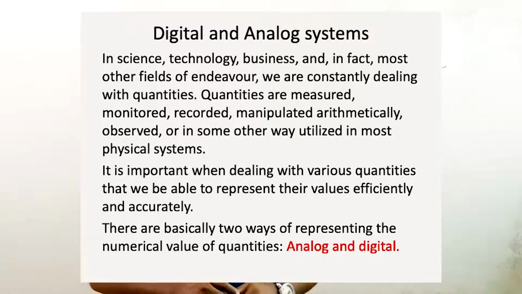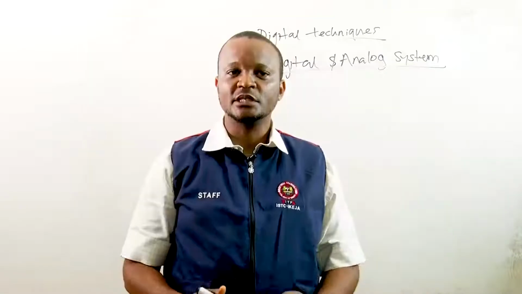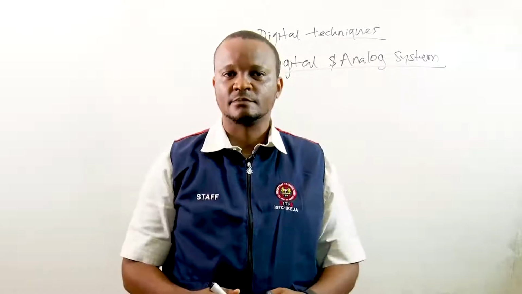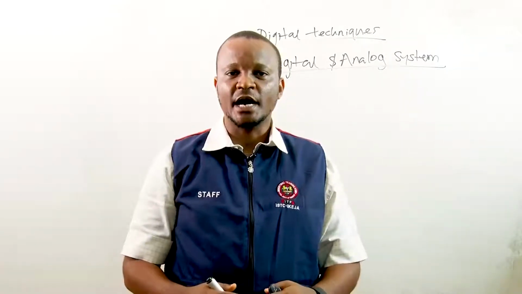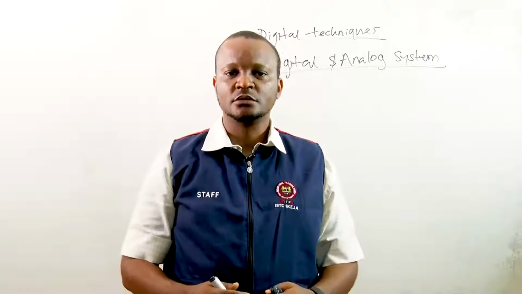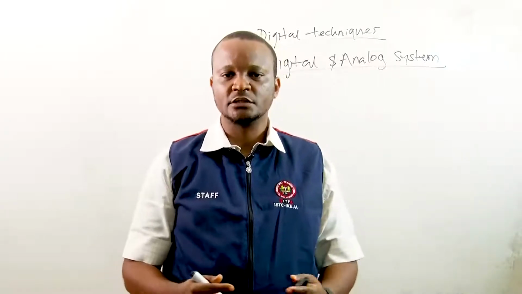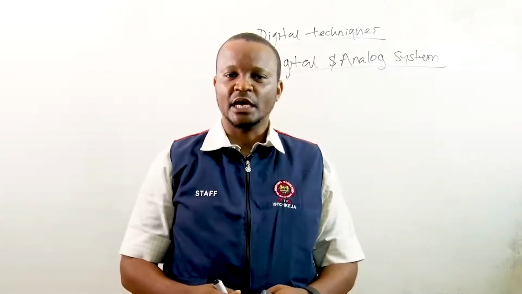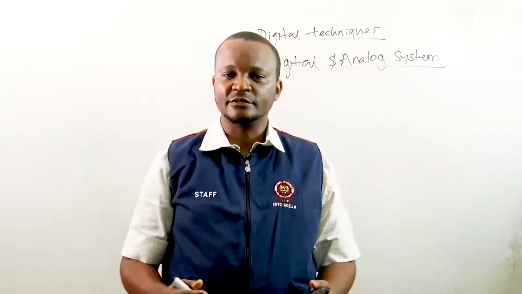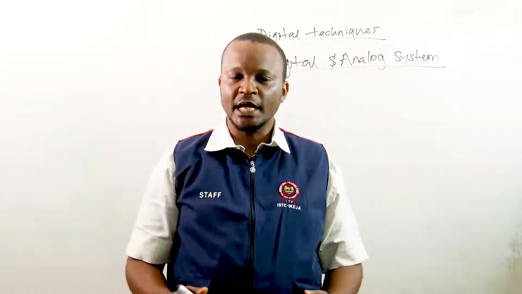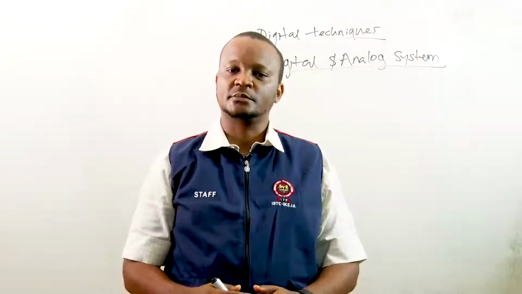In science and technology today, businesses and in fact almost all other fields of endeavor, we are constantly dealing with quantities. Quantities are things that can be measured, monitored, recorded, manipulated arithmetically, observed, or in some other way utilized in most physical systems.